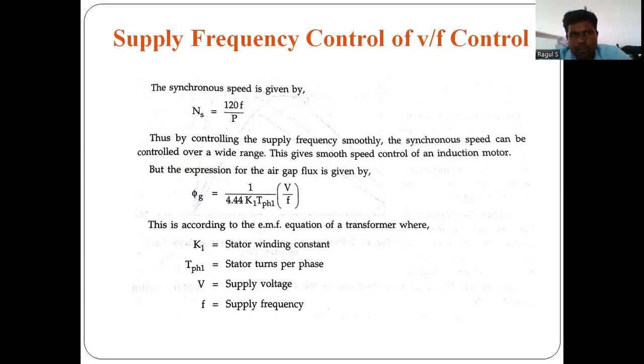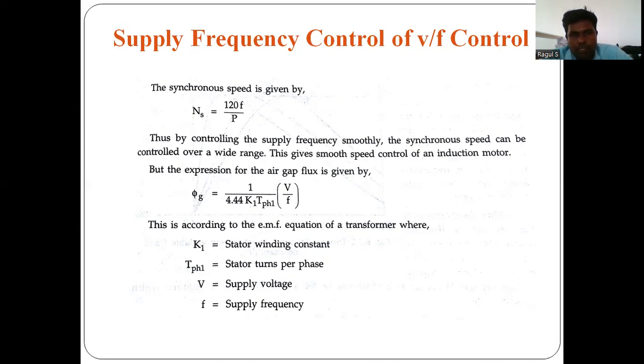The first method is supply frequency control, or V/F control. We know the synchronous speed Ns = 120f/P. By controlling the supply frequency smoothly, the synchronous speed can be controlled over a wide range. This gives smooth speed control of an induction motor. But the expression for the air gap flux is given by φg = V/F.